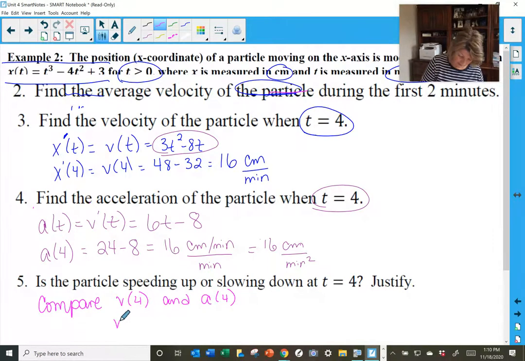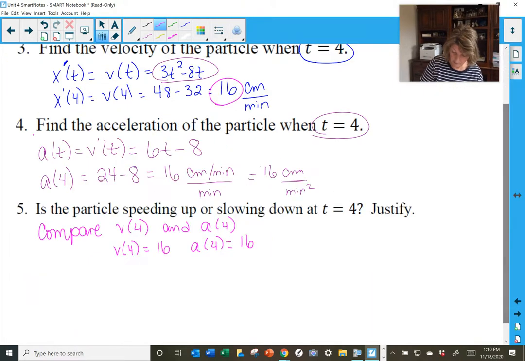I know v of 4 was equal to 16. And I know that a of 4 was also equal to 16. More important, v of 4 was greater than 0, and a of 4 was greater than 0. Since they both are positive, the particle is speeding up.